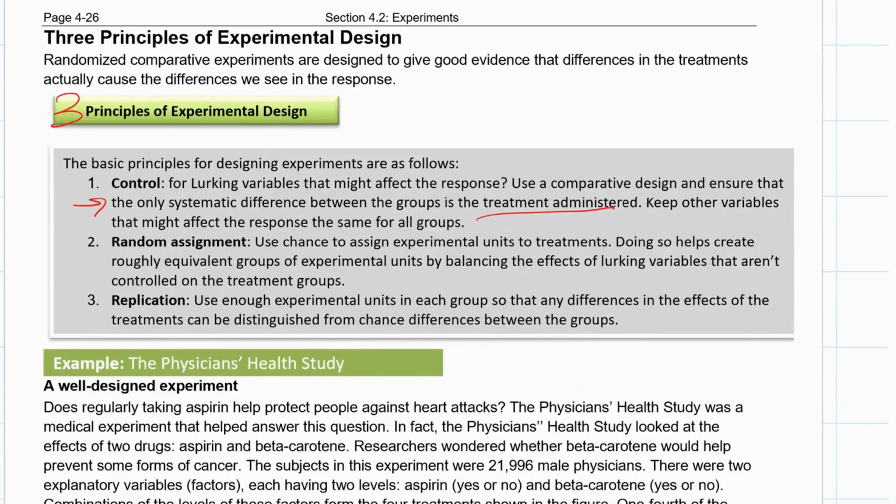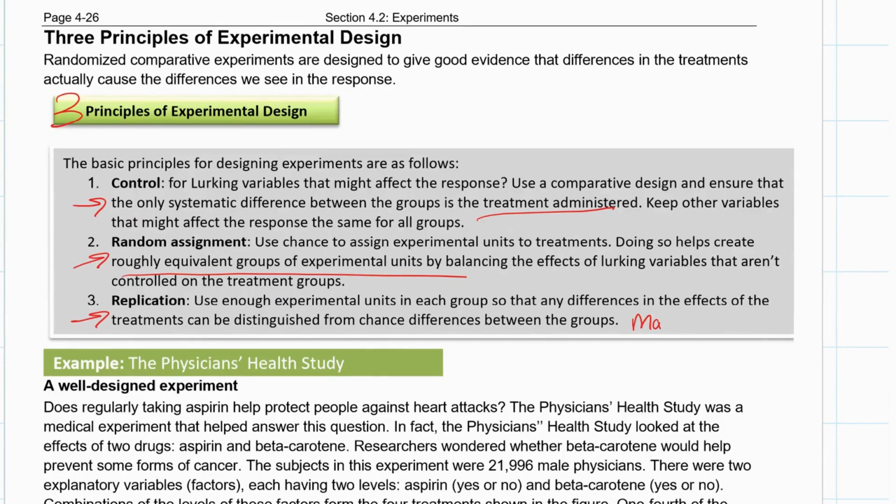So the groups should be as alike as they can be, and we use random chance to do that. They get different treatments, and that should be the only true difference between the groups. We use random assignment to help eliminate bias, getting roughly equivalent groups. And the third thing is replication.